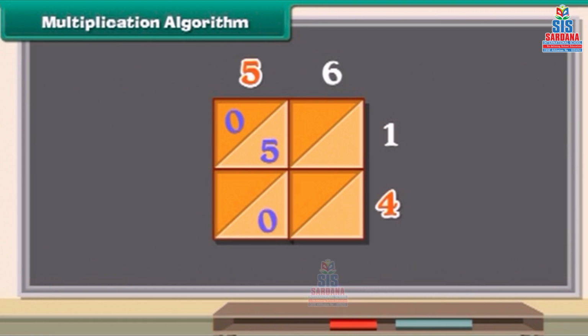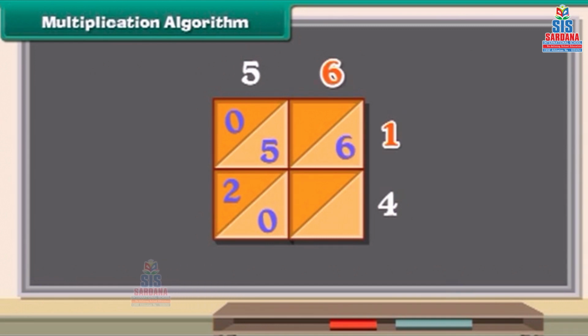Write the 0 of 20 in the ones place and the 2 in the tens place. Then multiply 1 and 6. Write 6 in the ones place and 0 in the tens place. Finally multiply 4 and 6. The result is 24. Write 2 in the tens place and 4 in the ones place.